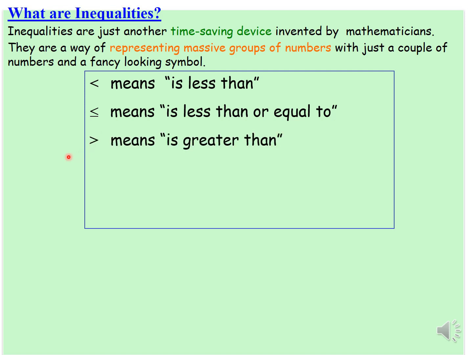Next one, again we start to read from the left: something is greater than whatever comes in this place. And finally, something is greater than or equal to, that little line means equal, to whatever comes after this.